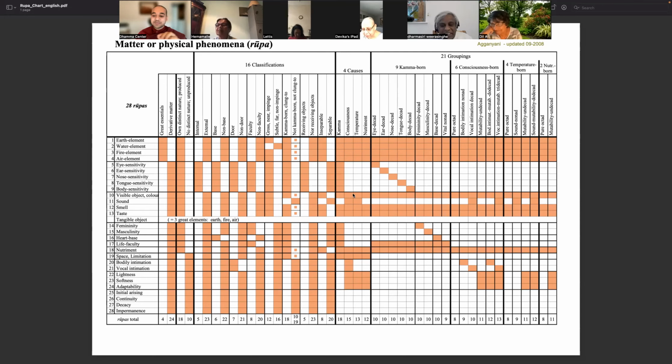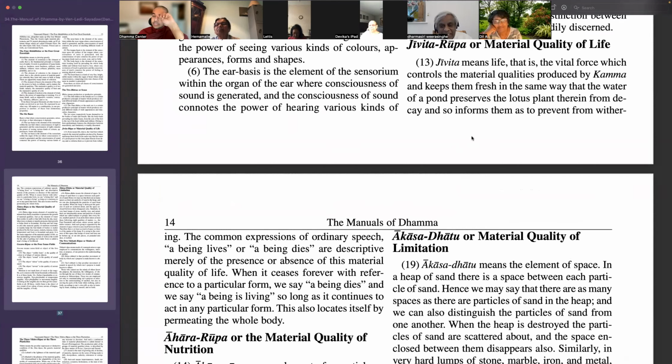First of all, let's finish this. The Jivita Indriya here speaks about a pursuant energy, which is inherently the life force. The life force ensures the continuity of life. So it says, maintaining the lotus and preventing it from withering.